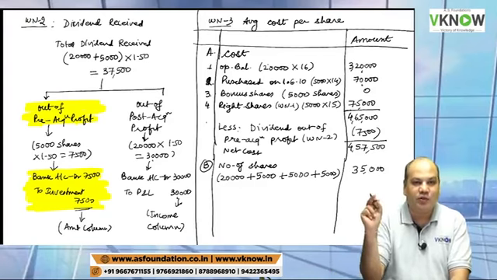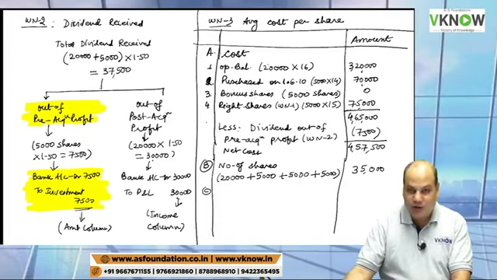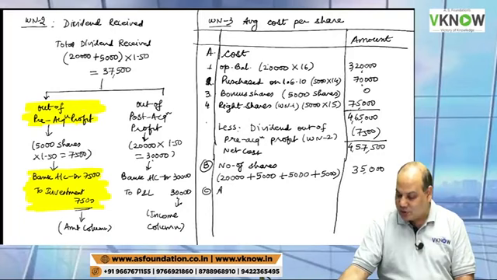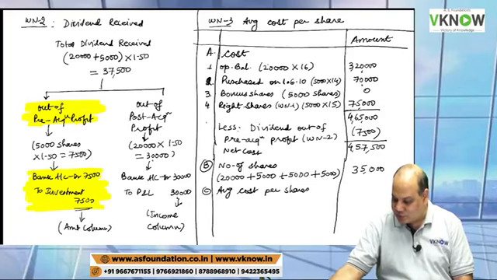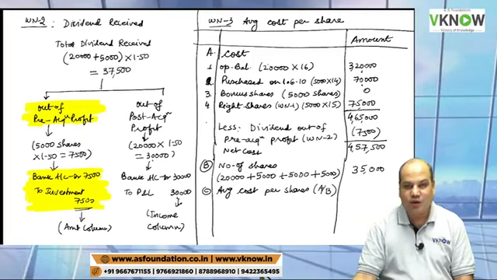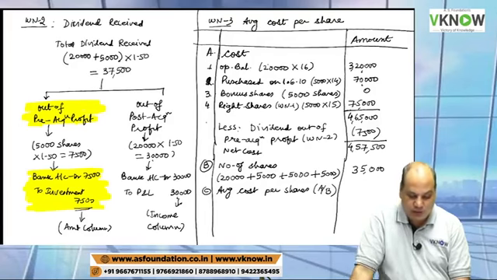Point number C, what is the average cost per share? A upon B. Take 4,57,500 and divide by 35,000.